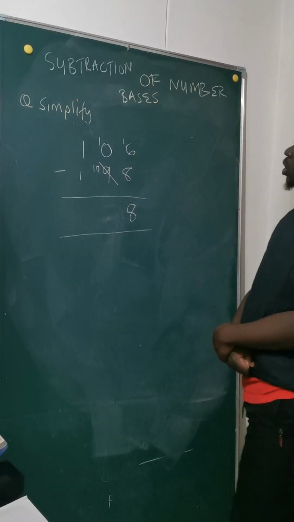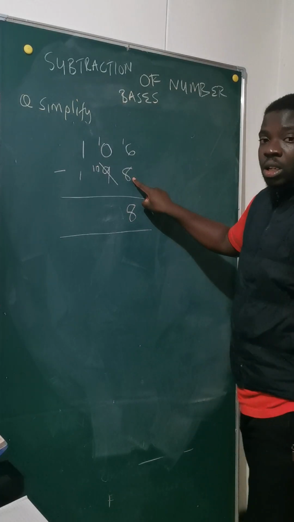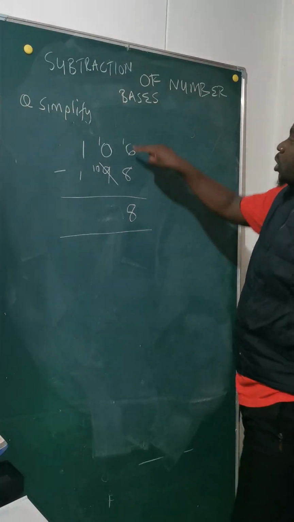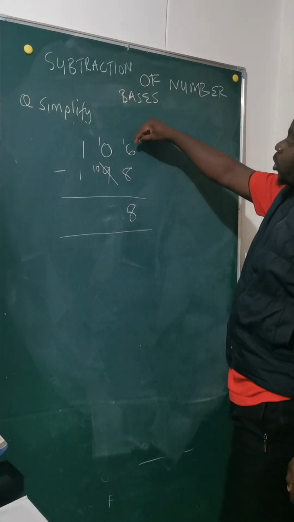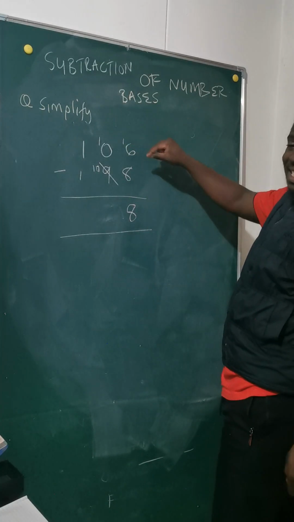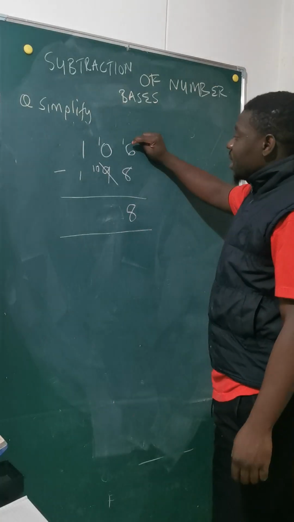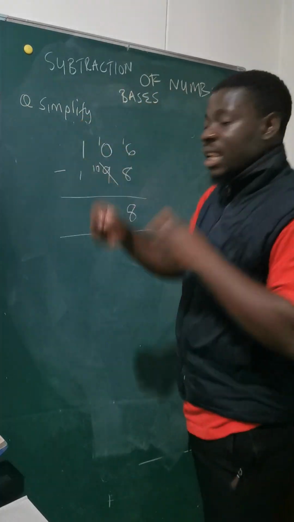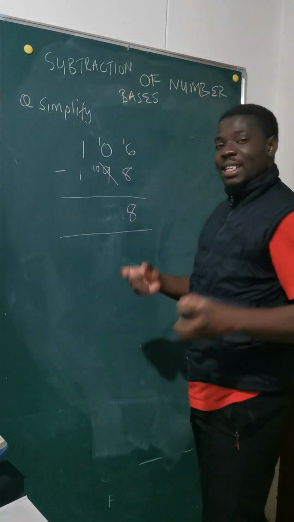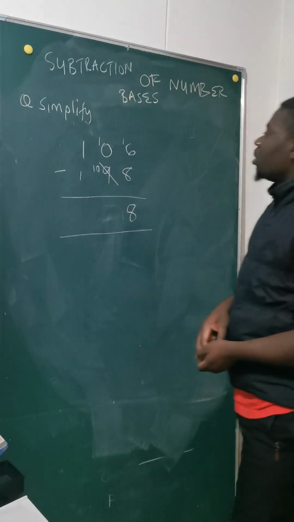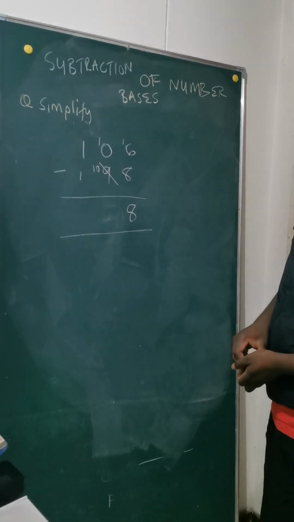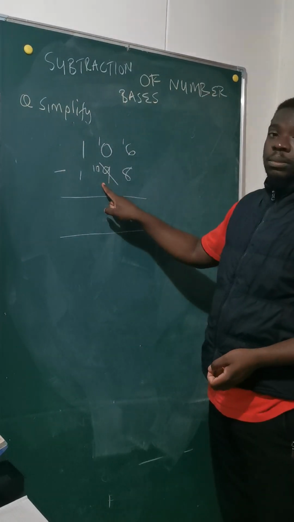So what you're actually doing when you said 6 minus 8 and you borrow 1, you borrow a 10, because you're in base 10. So because you have borrowed 10, this 6 becomes 16. Then you bring down 1.